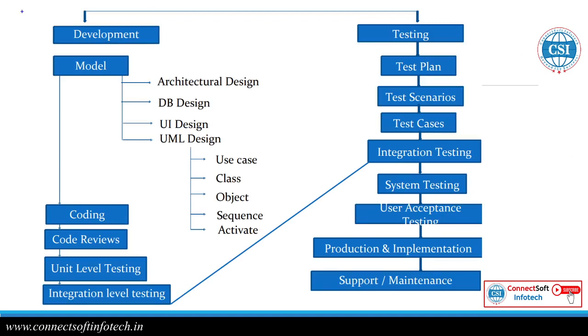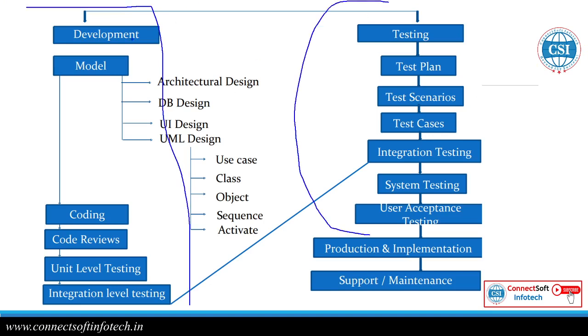Here we have the development team, and here we have the testing team. In the development side, what is going to happen? They are going to design the entire architecture of the application. Then, after the completion of the architecture design, they do the database design, the entire database designing of the application.